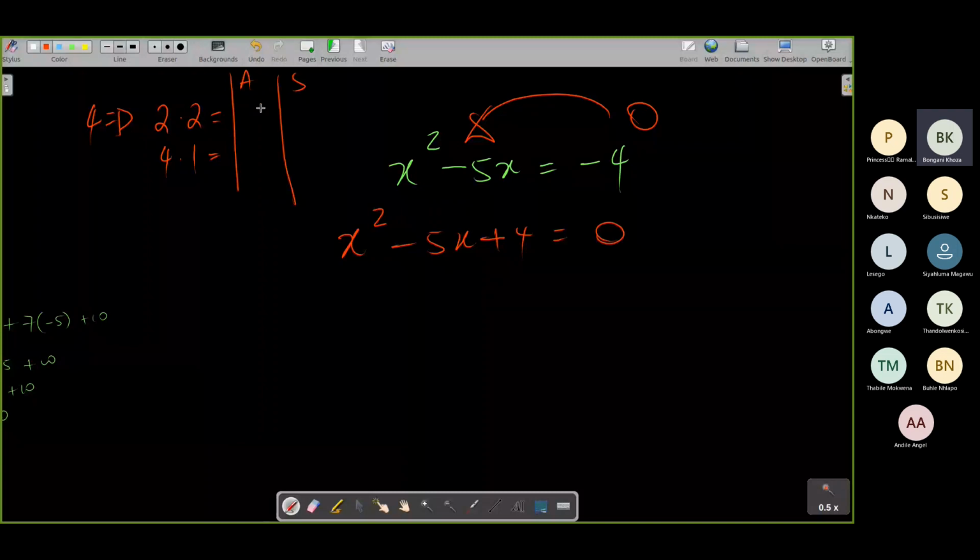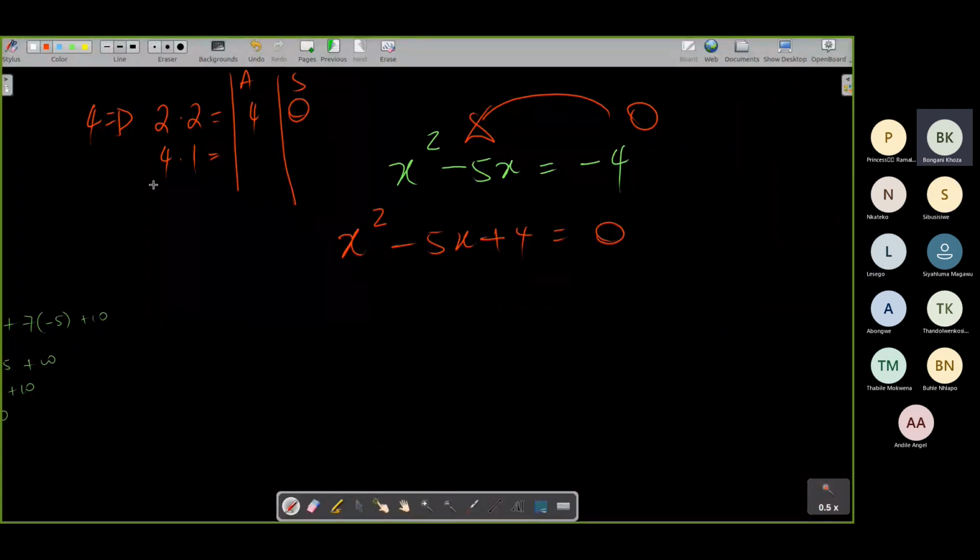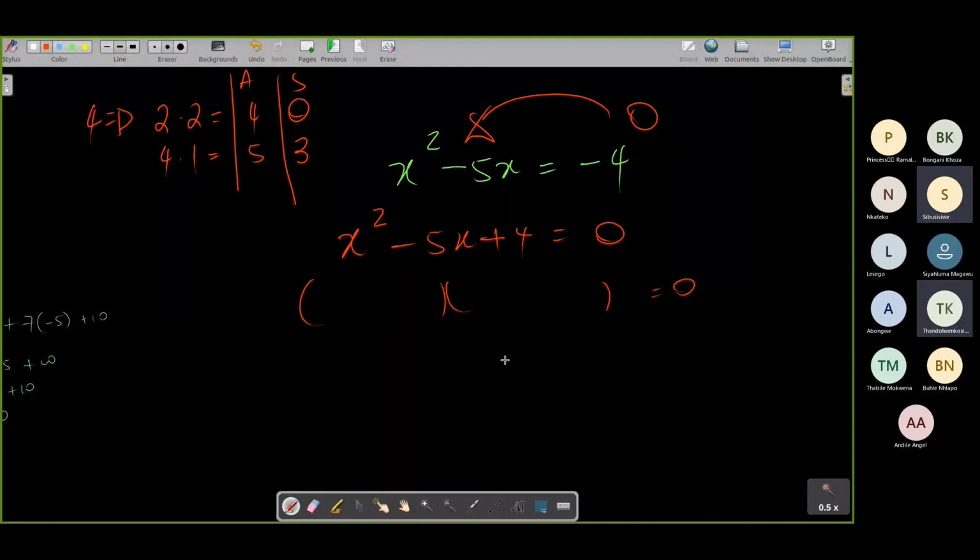If we're adding, we're getting 4 and 5; subtracting, 0 and 3. Which ones are we gonna have in our bracket? Remember, we're trying to get a 5. So it's 4 and 1.